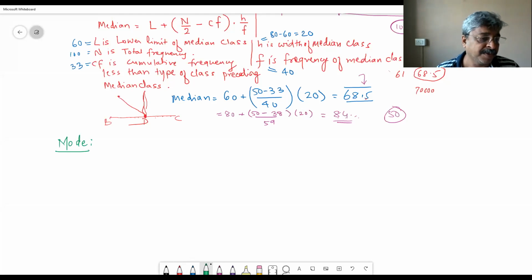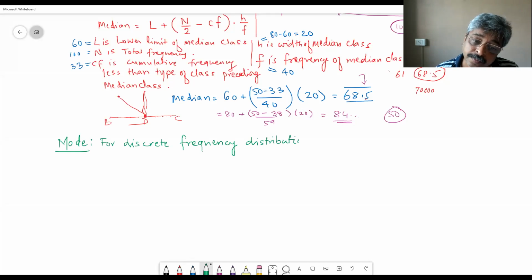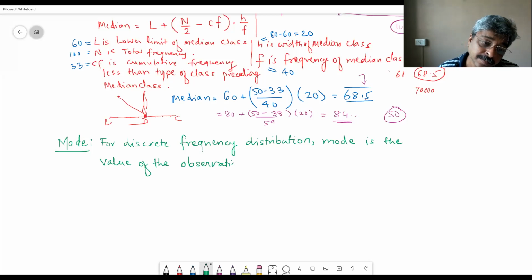For discrete frequency distribution, mode is the value of the observation which occurs most frequently.